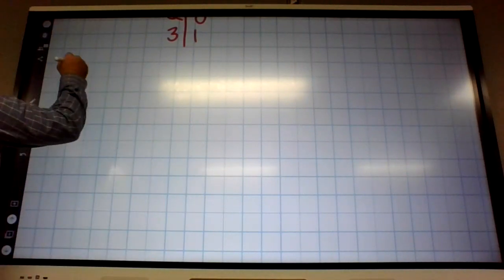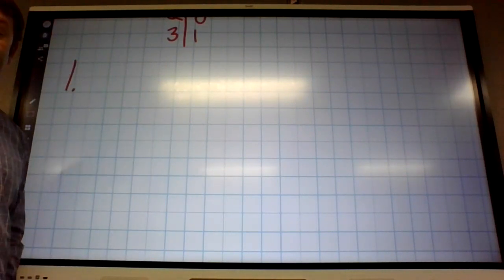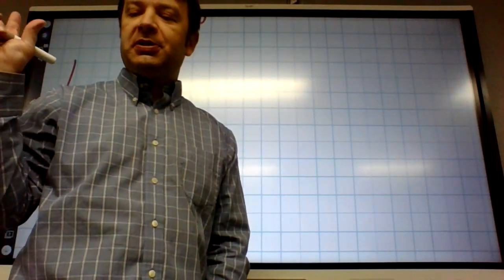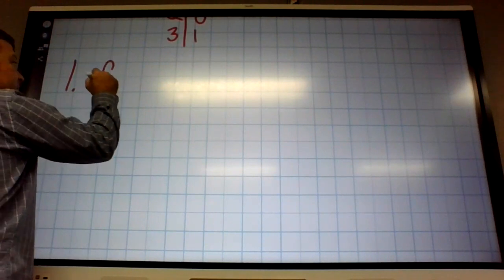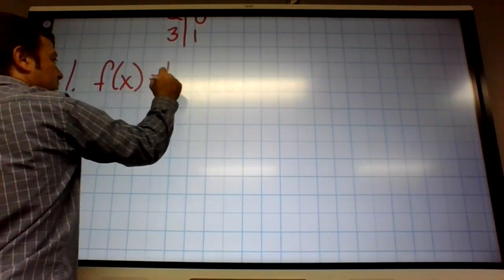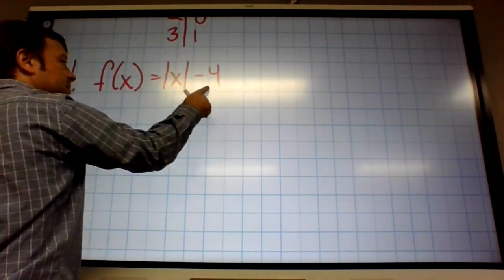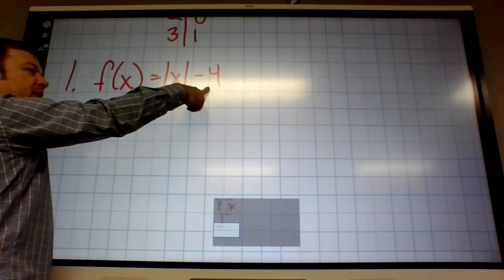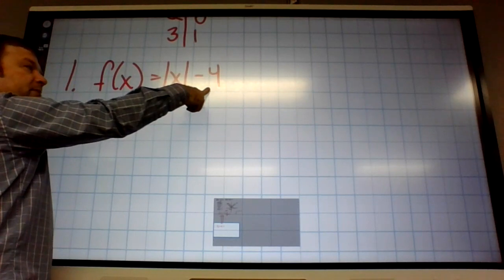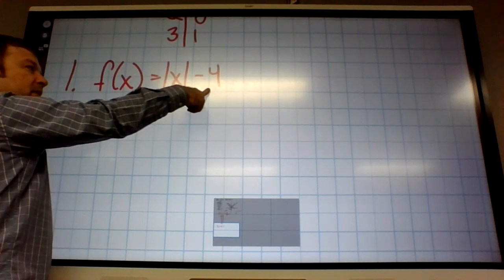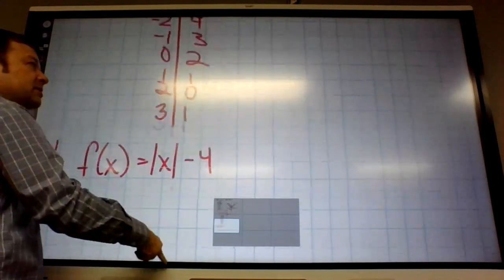Okay, number 1, based on what we talked about, it's okay if you don't have this memorized, but what do you guys think the -4 will do to the graph? It would just subtract.